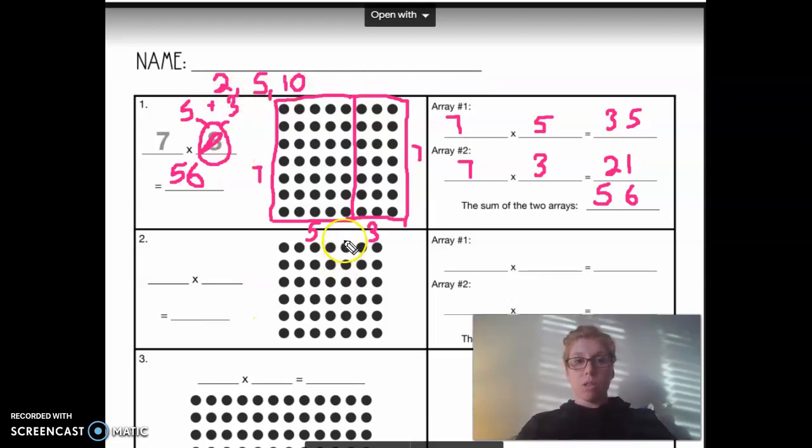Then I want to see you split it up like I did, and then write out the new array. Then on the right hand side you need to write out the new array and then what the multiplication problem is with each array. Then you're going to add those arrays back together and then make sure you put that answer down below the original array.